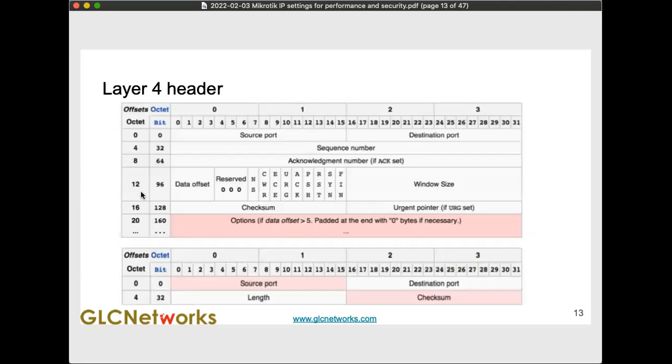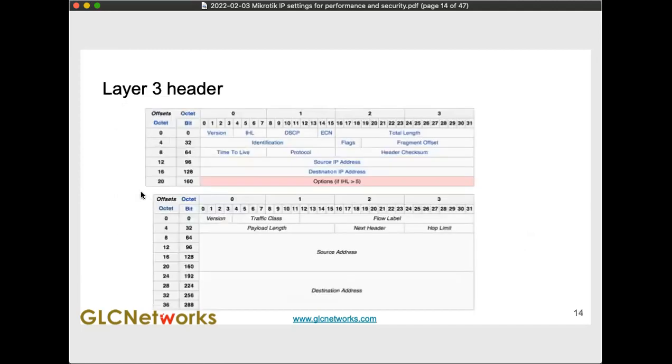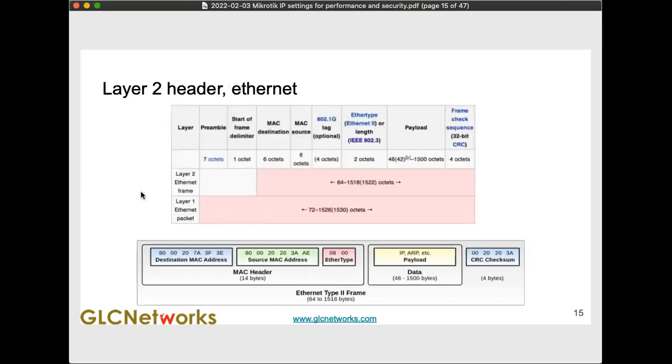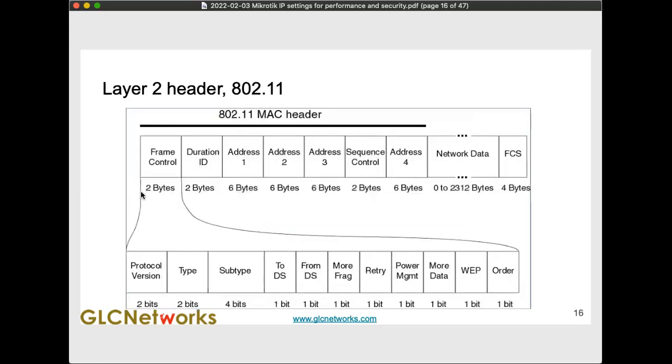This is an example of layer 4 header, layer 3, layer 2: layer 2 Ethernet, layer 2 Wi-Fi, or 802.11 with a variation of technologies, 802.11a, b, g, n, ac, and whatever. There are lots of improvements in 802.11 technologies.